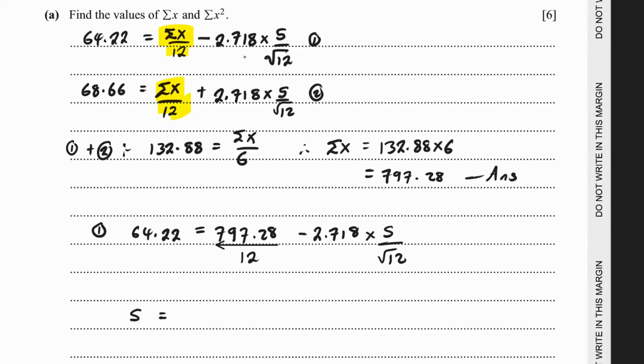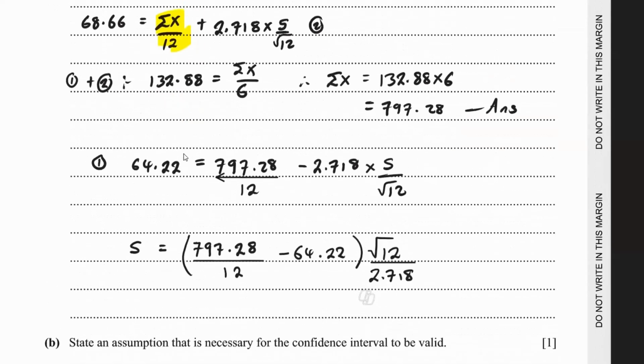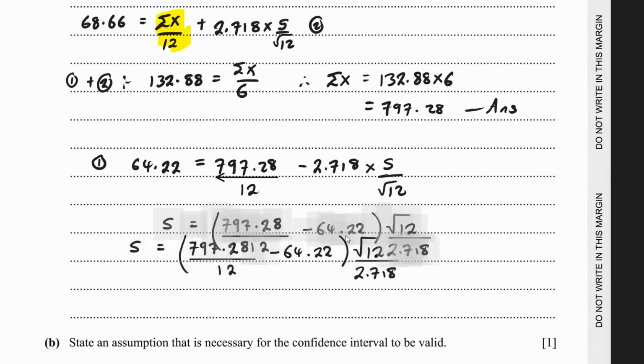S will be equal to 797.28 over 12 minus 64.22, and we multiply both sides by root 12 and divide both sides by 2.718. I've just tried to make s the subject, utilizing the small space we have. So that's s.